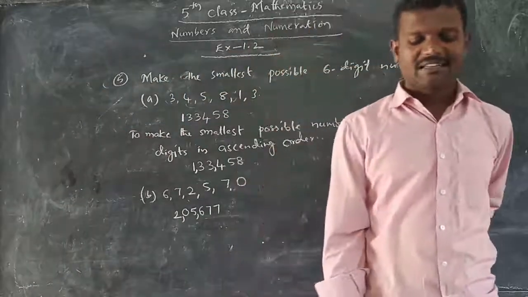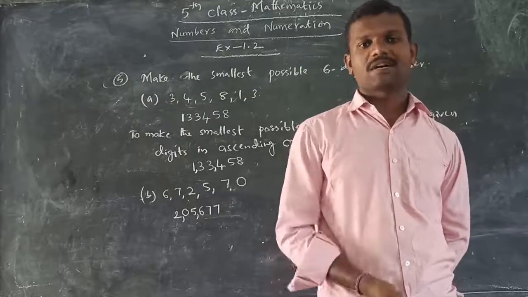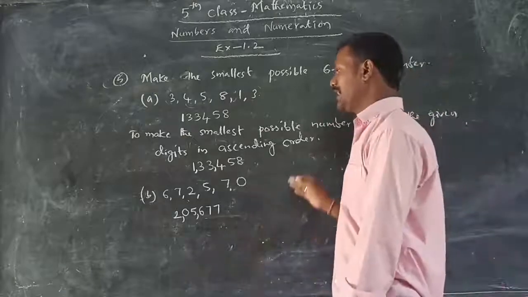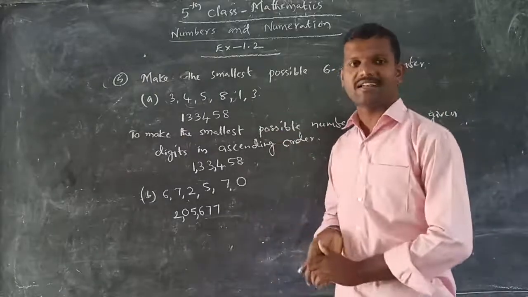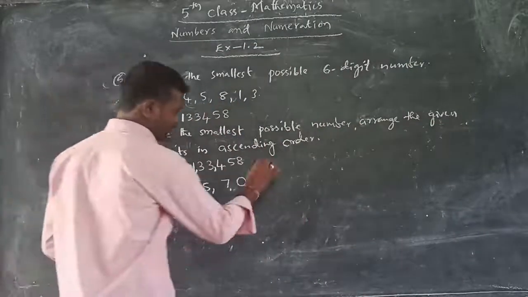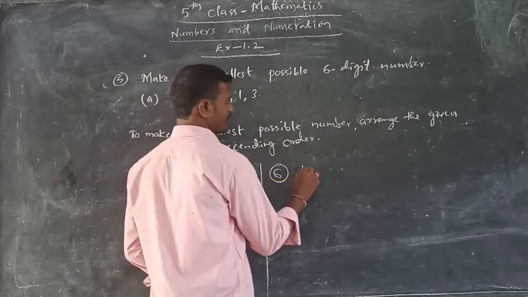Similarly, make the greatest possible 6 digit number. So to make the greatest possible 6 digit number, what do we have to do? We have to arrange the digits in descending order. For example, for the sixth bit, I am giving problem A here. Which one do we have to write?